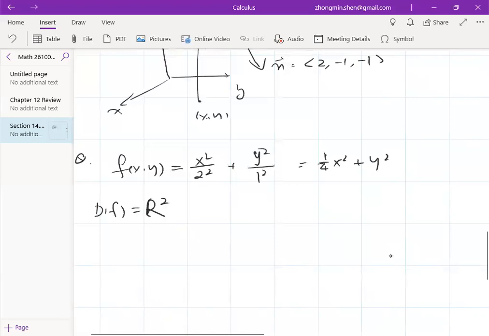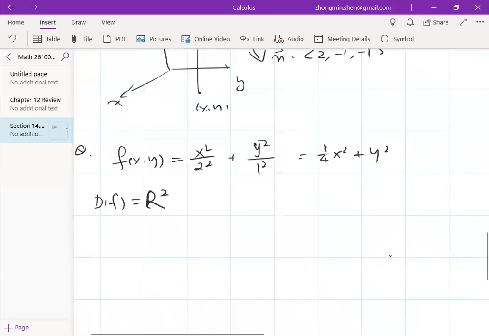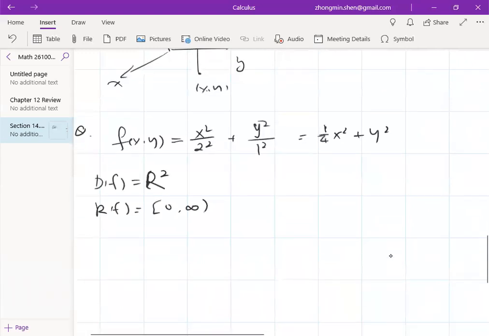Okay, it's defined on the whole plane, no restriction on x or y, unless you want to put a restriction when you define the function. Now what is the range of the function? It's going to be all the positive numbers, could be 0. Okay, this is going to be half of the line.